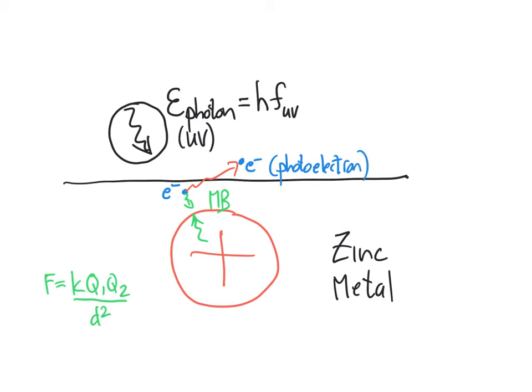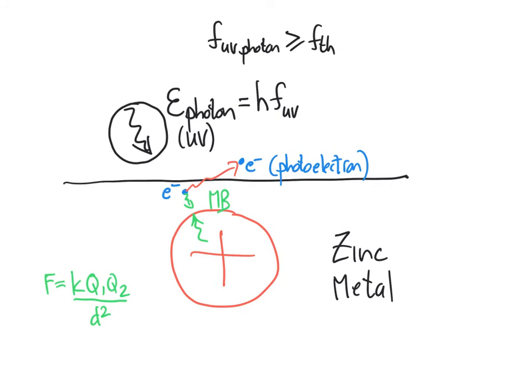We are just referring to it as a photoelectron because it has been emitted by a photon of electromagnetic radiation. Now the reason why that happened is because the frequency of the photon, the UV photon, is greater than or equal to the minimum threshold frequency.